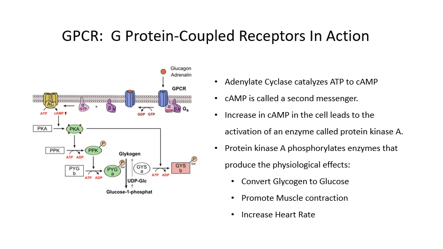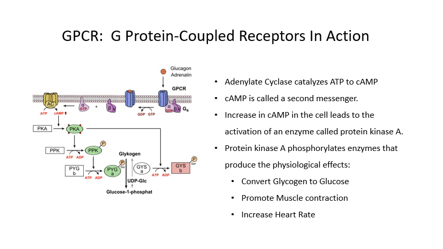Okay, now we can finish up. The adenylate cyclase catalyzes the ATP to cAMP with the help of that GTP. And the cyclic AMP is called a second messenger. And that second messenger will go throughout the cell and be a part of a lot of different processes in the cell.